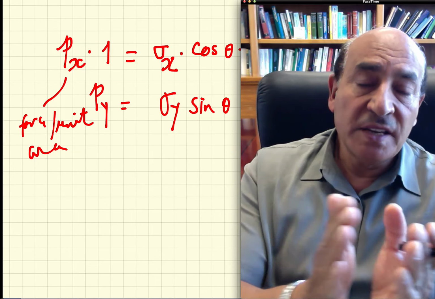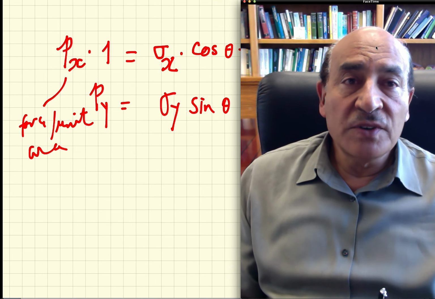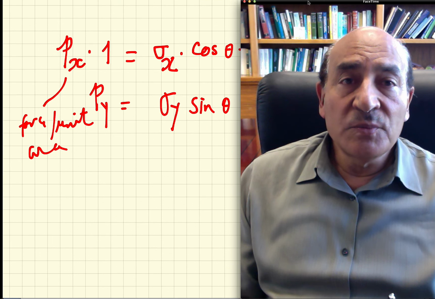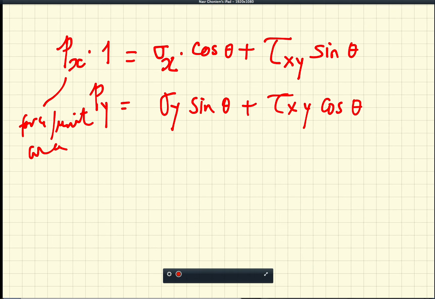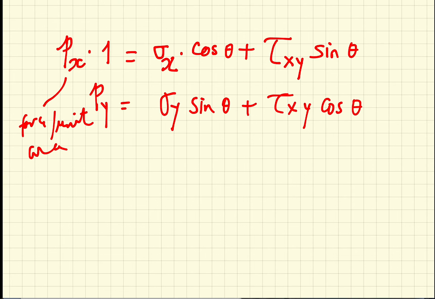So I just bring them back to x prime, and that will give me the stress component along x prime. So let's do that. If I just do the projection, sigma along x prime is going to be p sub x cosine theta plus p sub y sine theta.